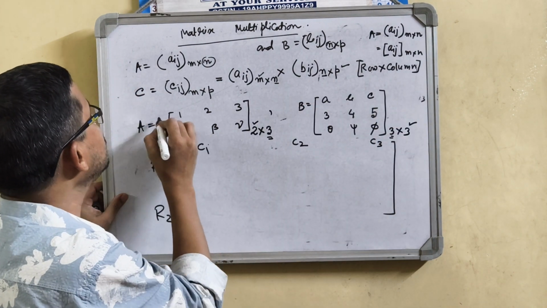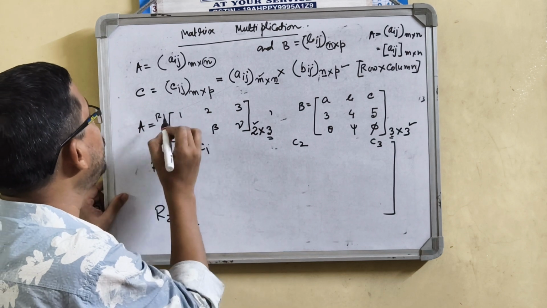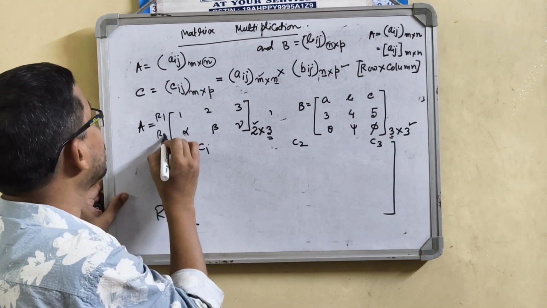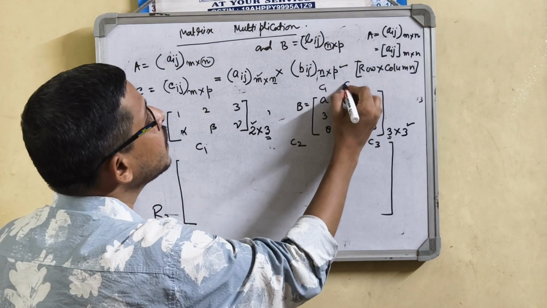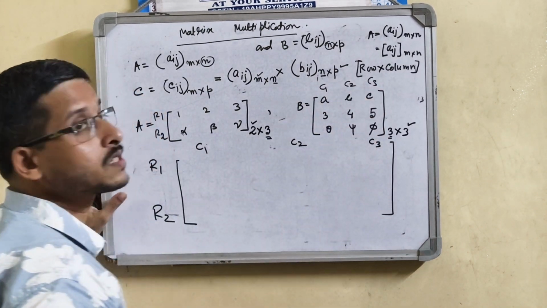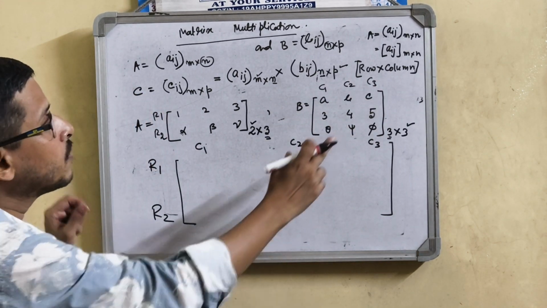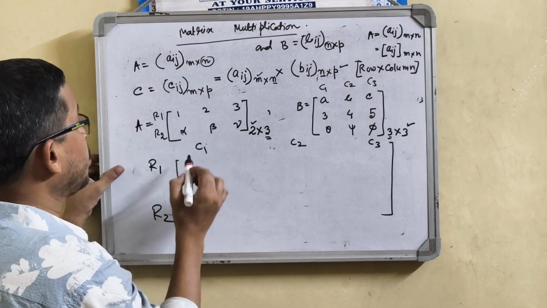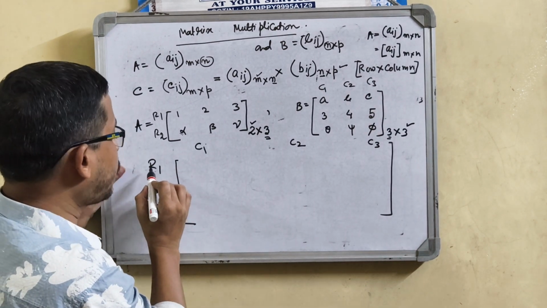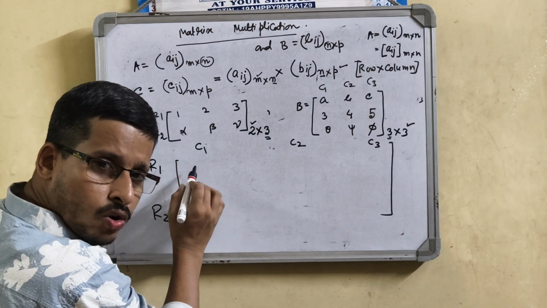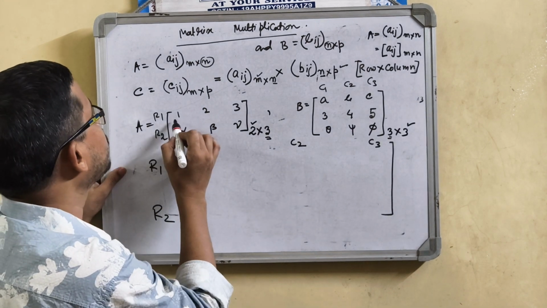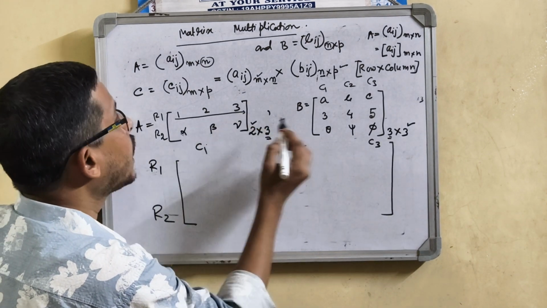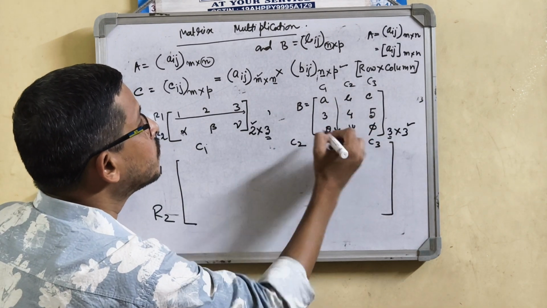That means we need to locate the row of the first matrix and also the column of the second matrix. So we multiply the first row of the first matrix and the first column of the second matrix, that means this row and this column.